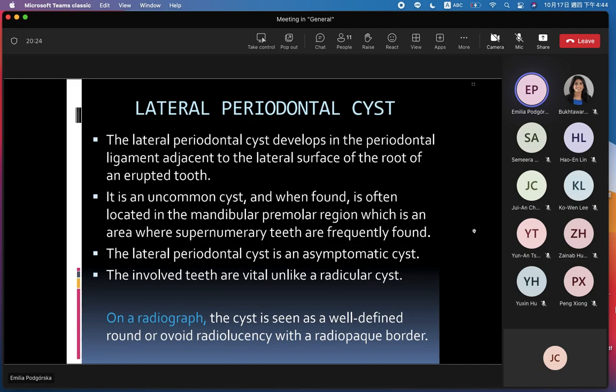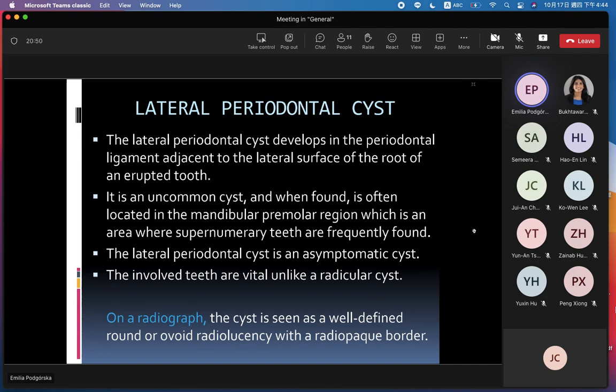Yes, and we have another type of cyst, lateral periodontal cyst. The lateral periodontal cyst develops in the periodontal ligament adjacent to the lateral surface of the root of an erupted tooth. It is an uncommon cyst and when found is often located in the mandibular premolar region, which is an area where supernumerary teeth are frequently found.